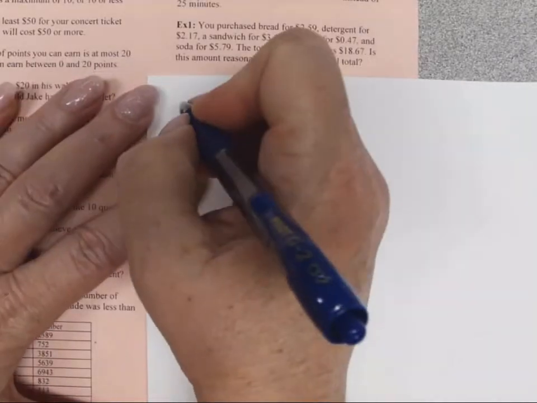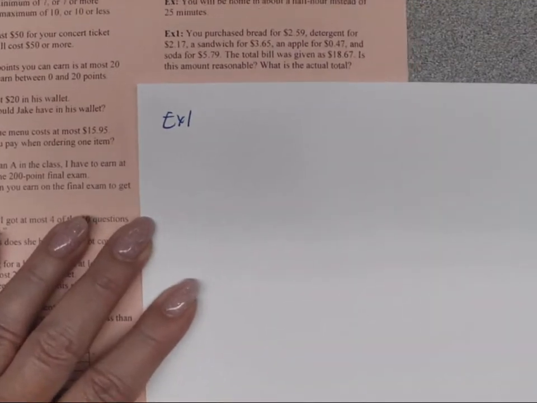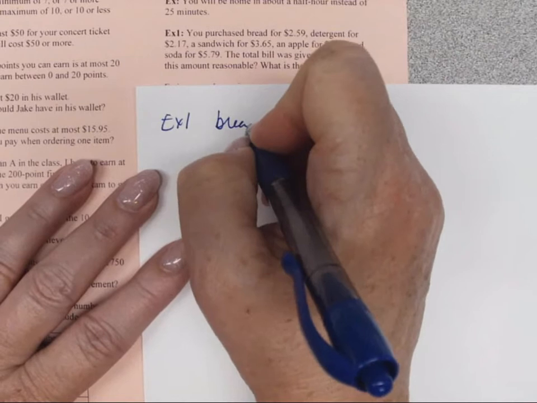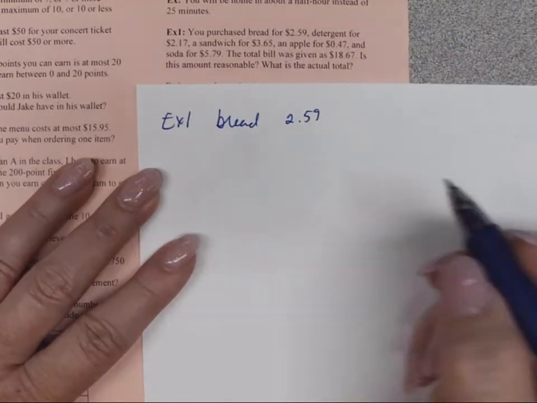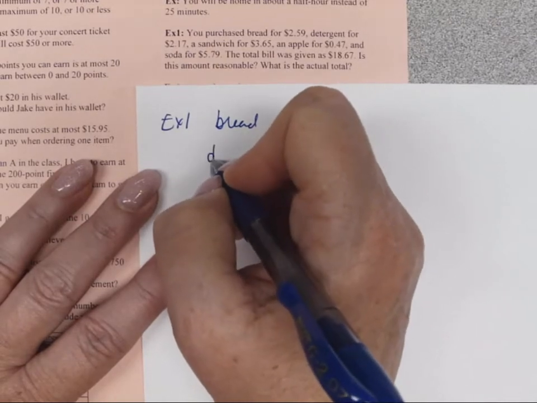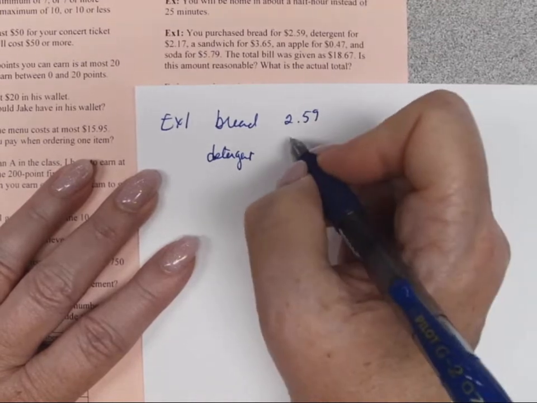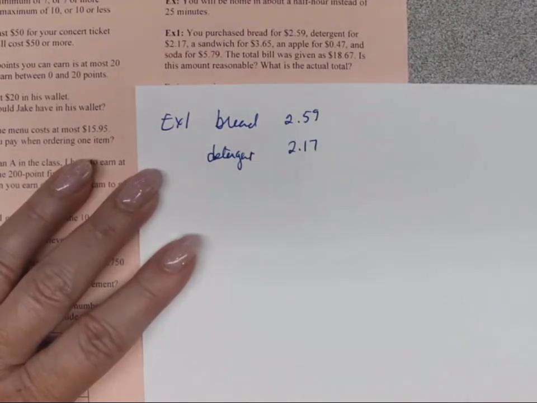So we're looking at example 1, and I'm going to write each piece so that you can for sure see what we're talking about. So we're looking at bread, and the bread was $2.59, and we have detergent, and the detergent was $2.17.